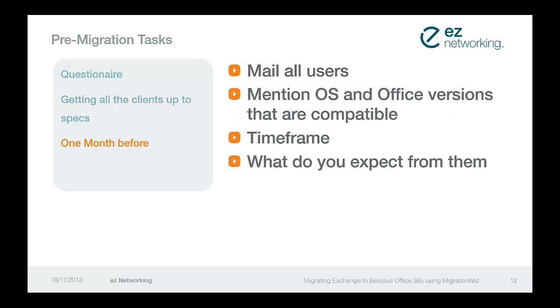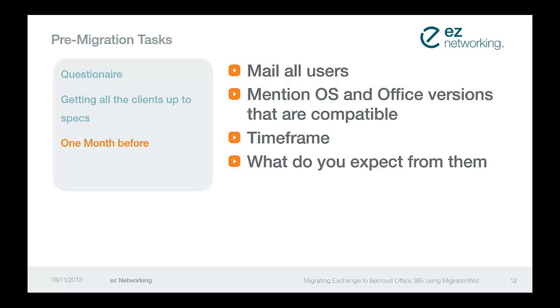One month before the migration, we send an email to all users stating that there's going to be a migration and on what date. Mention the OS and Office versions that are compatible, so they know which of their clients is up to spec and which one needs to be brought in to be upgraded.